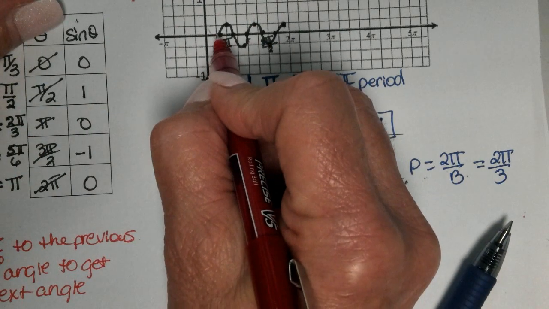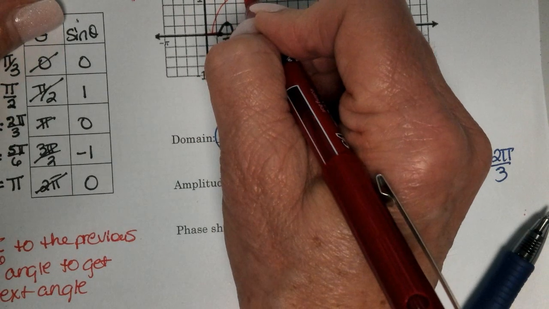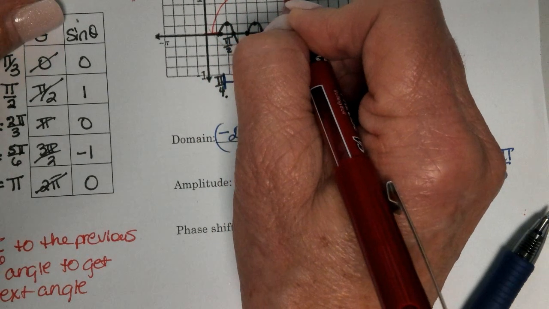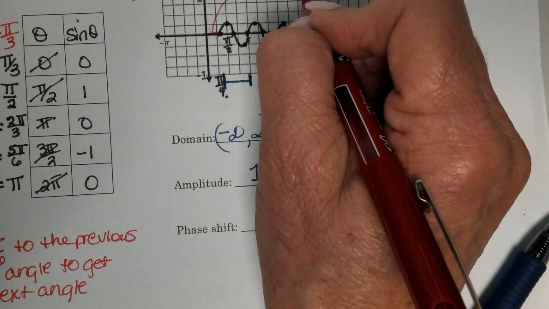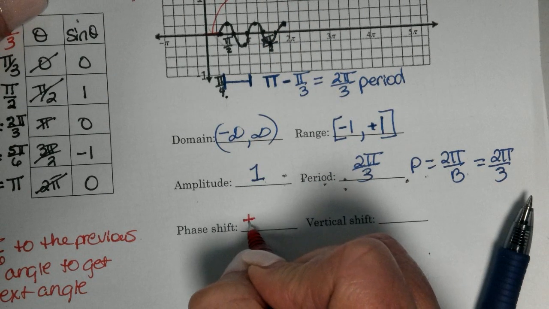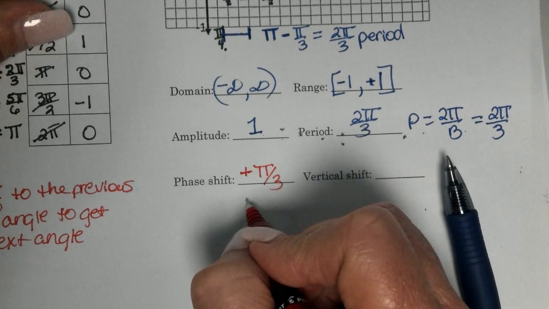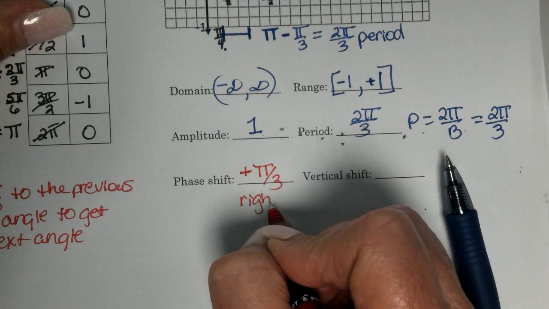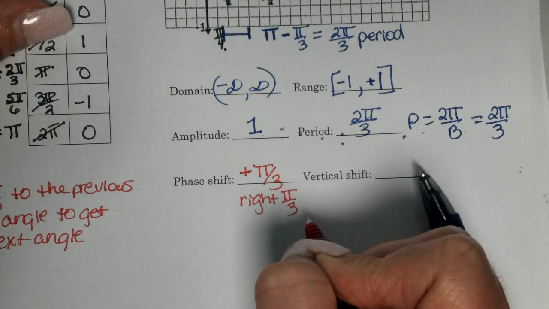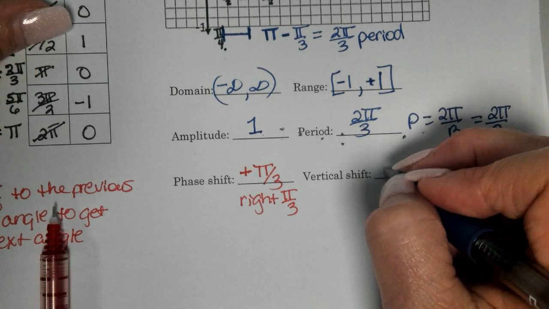This was our shift. We have a shift of pi over 3. So the phase shift, we moved in a positive direction, or you could say right, pi over 3. Vertical shift, there is none.